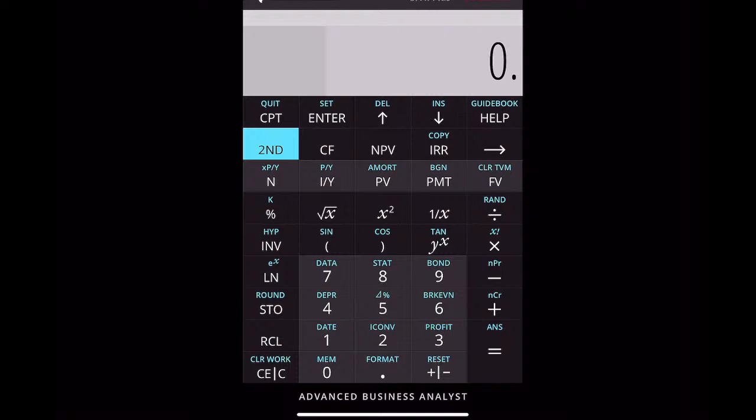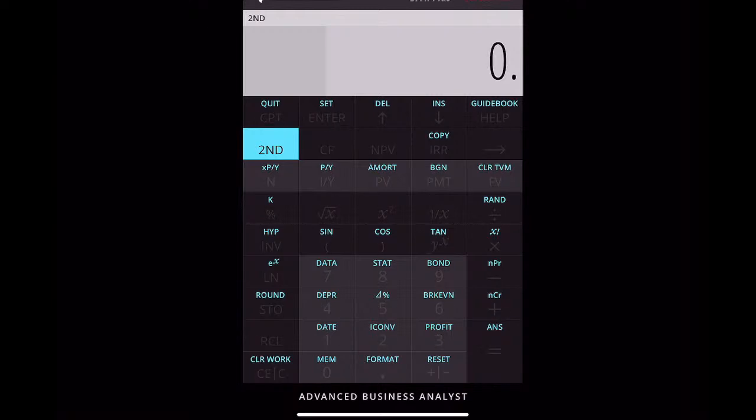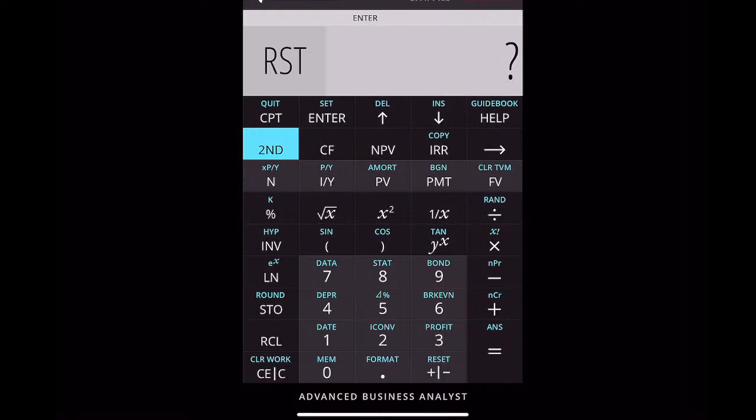So to do what's called a hard reset, you need to hit second reset. Now there's nothing there, but if I have things stored in the calculator and I want to clear these things, I do second reset. Do I have to hit enter? There. So those are the instructions.